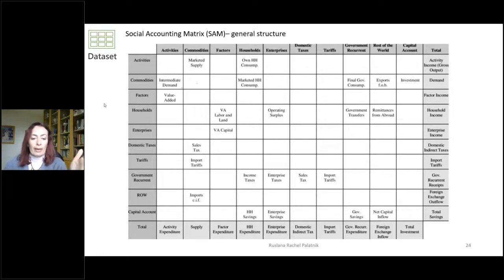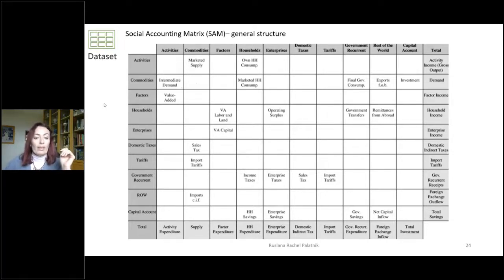Considering the time, I will not go over each column and row, but I want to draw your attention also to the second row here. Each row in this matrix shows how much each sector sold to others, okay? So columns is how much we bought and rows is how much we sold.